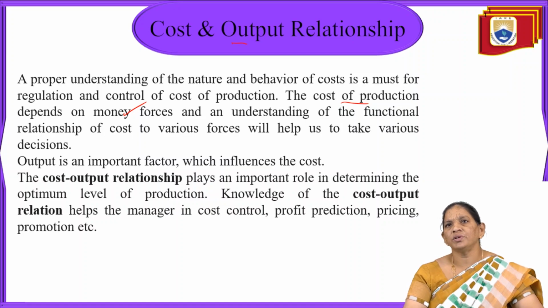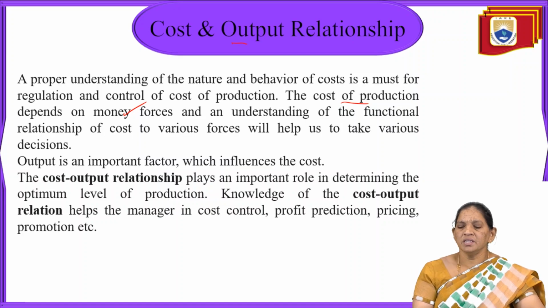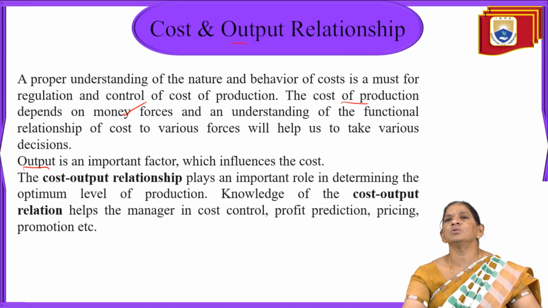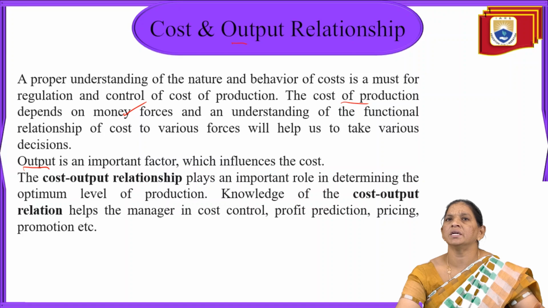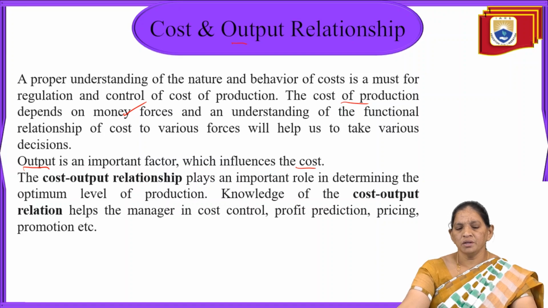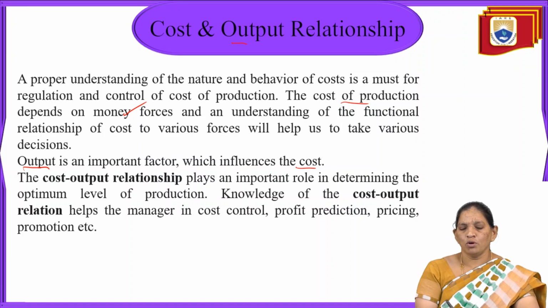In the production pattern, the cost factor is very important in influencing output. When we want to get a desired output, which an organization wants to provide, we must identify what type of cost will be influencing it. So the cost-output relation plays an important role in determining the optimum level of production.